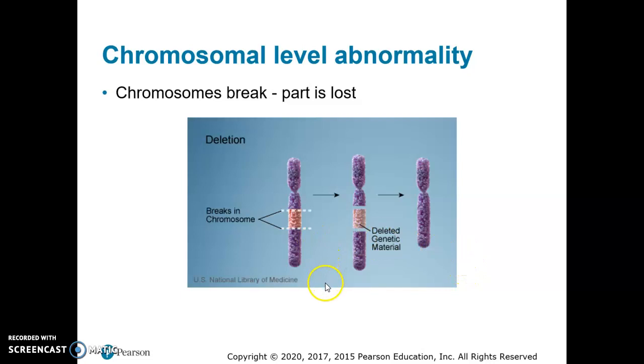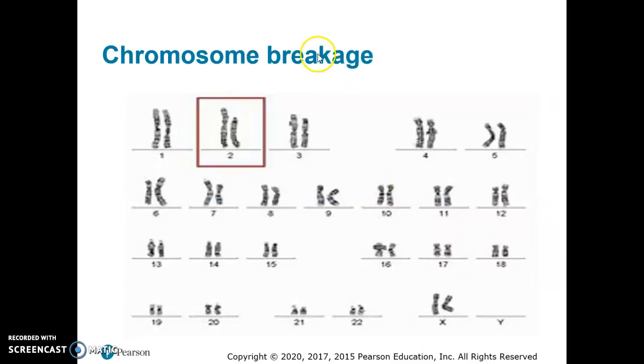The other thing that can happen on a chromosomal level that is also really detrimental to the offspring is when the chromosomes break, and that material that breaks off can be deleted. So it's completely lost along the way, and the chromosome then reforms without any of that information. So that's really significant, and again, it can be determined by looking at a karyotype. And so here's an individual where the top of chromosome 2 broke off and is lost.